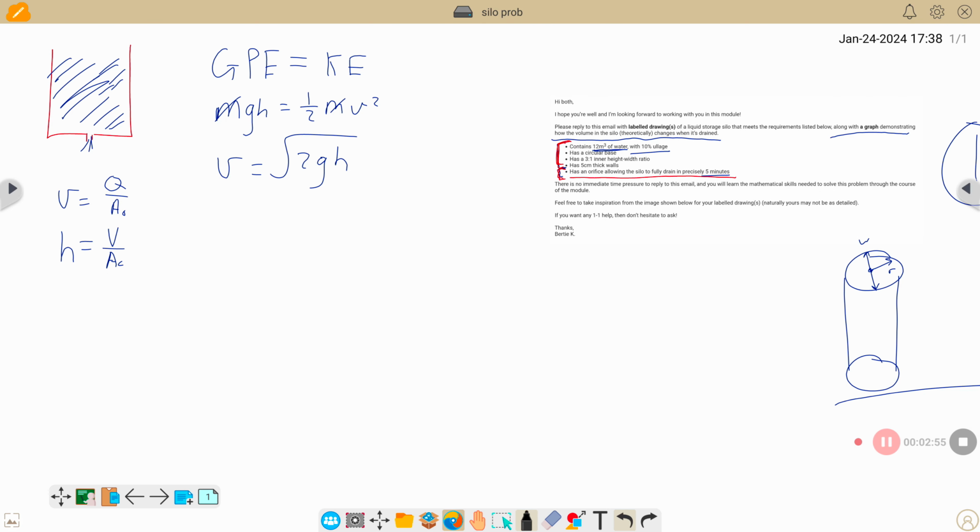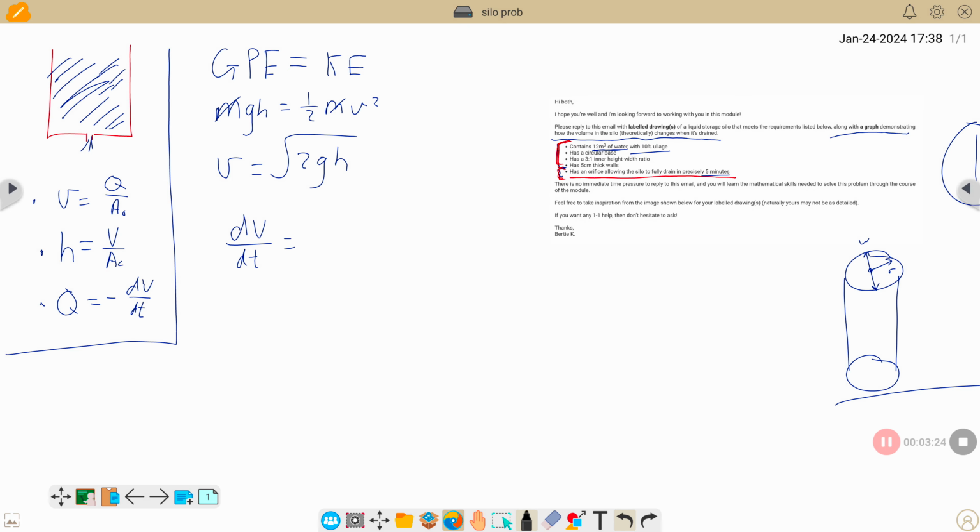And I can also equate Q, or volumetric flow, to minus dV over dt. I hope I've explained all of those ideas in our in-person session, so I don't need to recap them here. And when I substitute these in, I end up with something that looks a little bit like this, right?